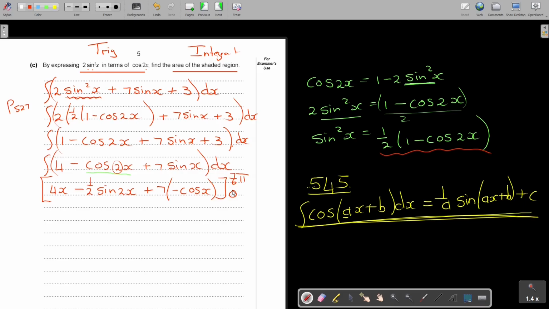So now I will just go, okay, so it's 4 times 7 over 6 pi, minus a half sin, and don't forget the 2, and only there you say 7 over 6 pi, minus 7 cos 7 over 6 pi, minus, and don't forget to also substitute the 0.